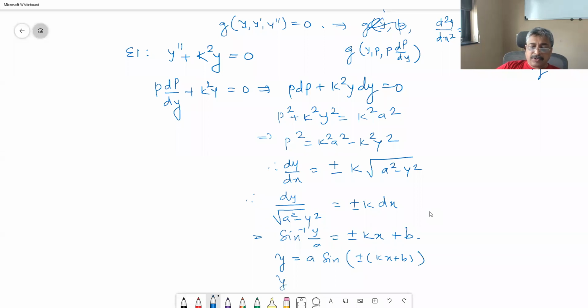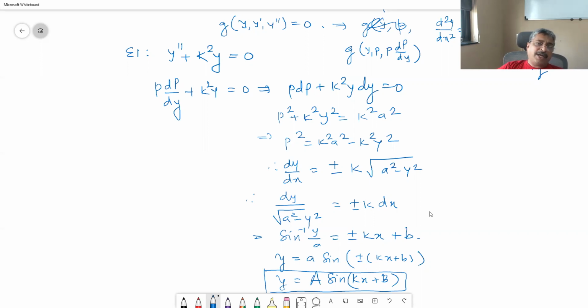So you can write it as y is equal to a sine kx plus b. K is part of our equation, so it is not constant. So a and b are constants. Now I am not writing plus minus here because this a will take care of that plus and minus. Okay, so minus 1 will come out. Something like this is going to be the solution.